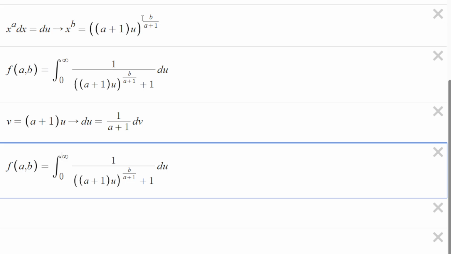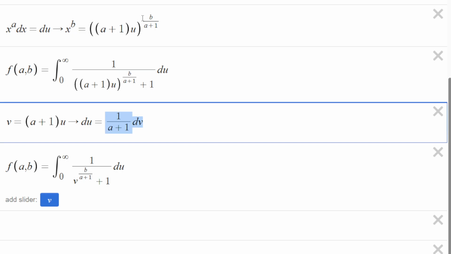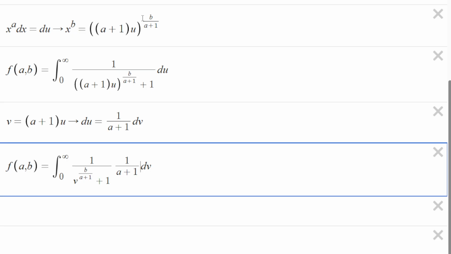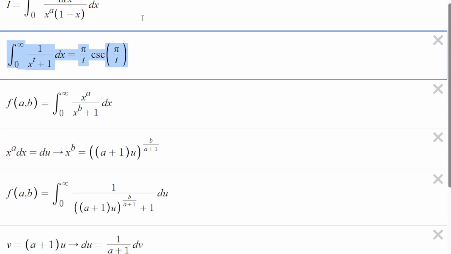Okay, so this a plus 1 u is just v now. And our du is 1 over a plus 1 dv. And we can bring out this 1 over a plus 1. And now you'll notice that this is exactly in this form.